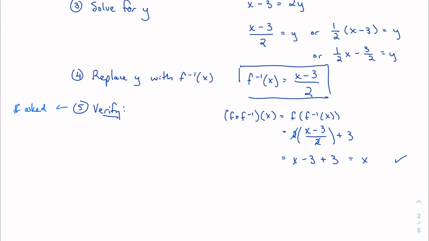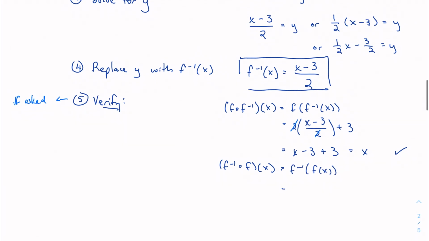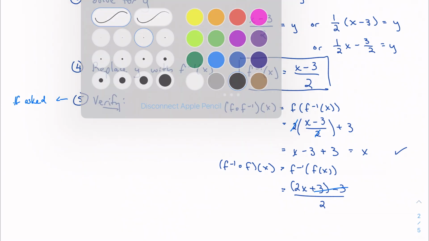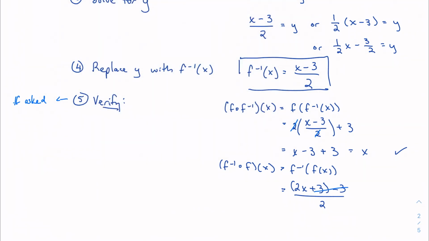And if I do this the other way, then that would give me 2x plus 3 minus 3 over 2. Well, let's see here. My 3's are going to cancel out. So that's going to give me 2x over 2, which is just x, so I'm good. So yeah, this actually is my inverse. So the inverse function is x minus 3 over 2.